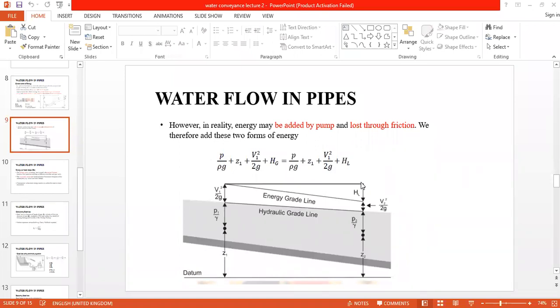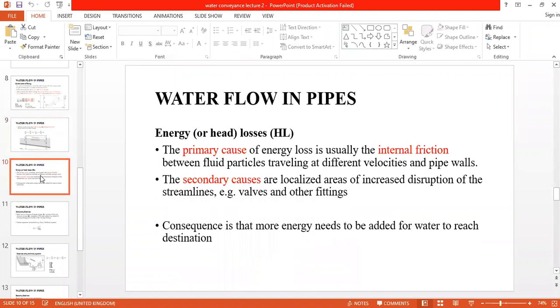So this now has an implication when you're designing your system. So the question now that we can ask is, how do we calculate this loss of energy? How do we know it? So there are various formulas that have been put in place to calculate this head loss, this friction loss.